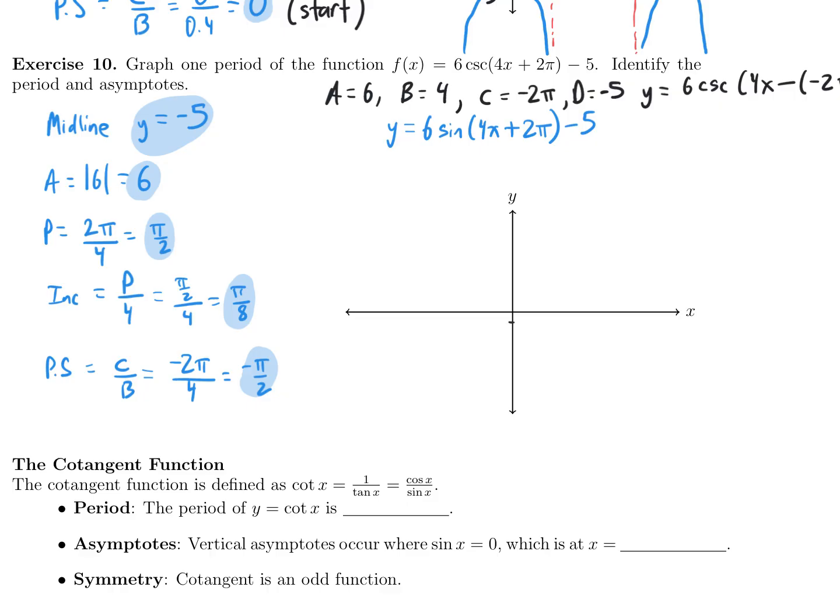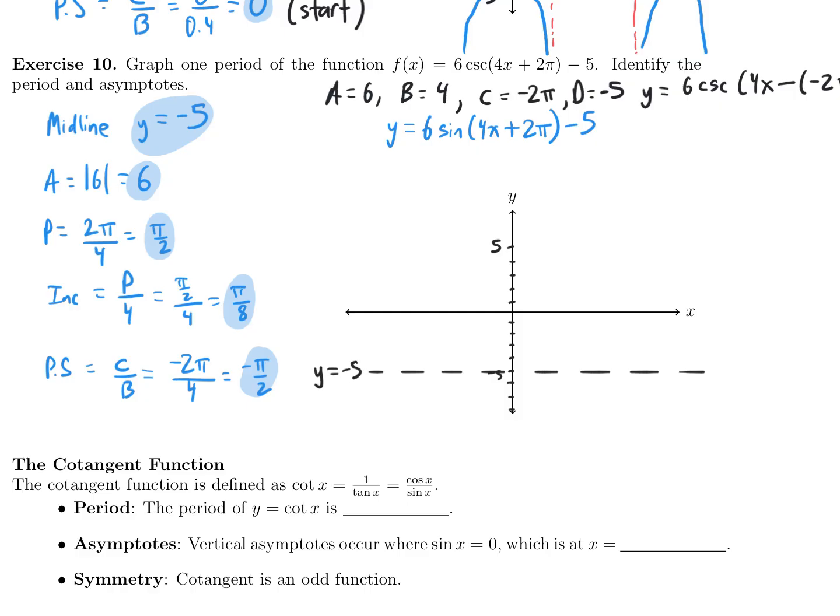Our midline is going to go right through -5. So I'm going to dash that. Let's label that y equals -5.